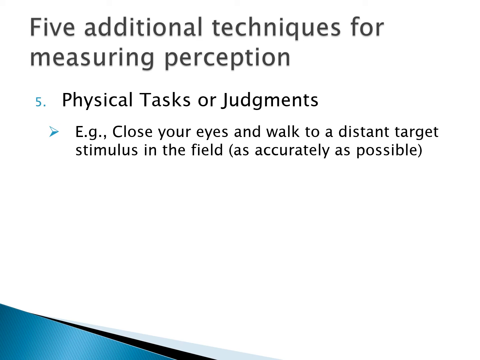Then they have the person close their eyes and walk and try to stop when they get to the target, as accurately as possible. And people will get pretty close to the target. We can even have people walk a few steps to the left and then try to estimate. All of this with their eyes closed, and they're still pretty good at estimating where that target is.